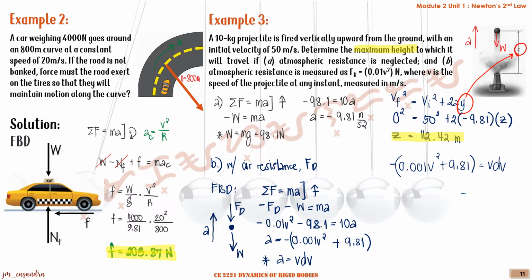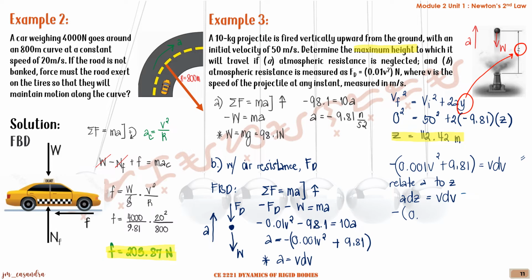Okay, so from this equation, we now relate our equation of A in terms of Z. So we relate A to Z using the equation acceleration times dz is equal now to V dV. So we'll now have negative 0.001 V squared plus 9.81.